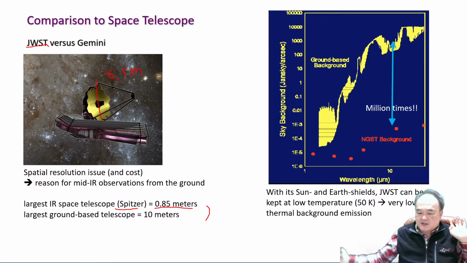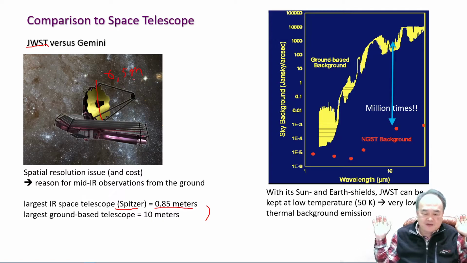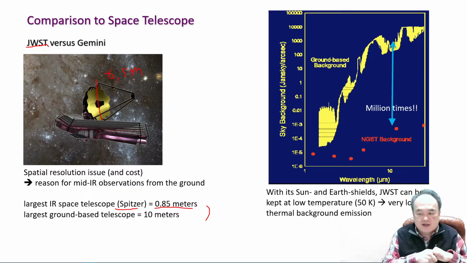By simply deploying these two shields, the telescope can be kept at a really cold temperature in space, which is 50 degrees Kelvin. Because of this passively cooled, very low temperature, its mid-infrared background radiation is very small compared to the ground-based.